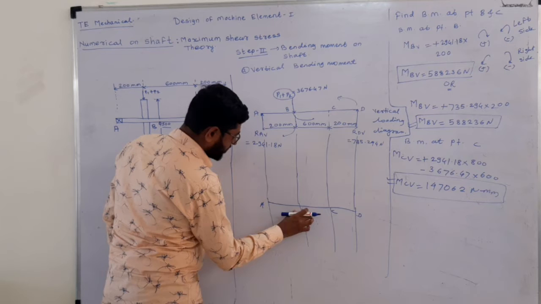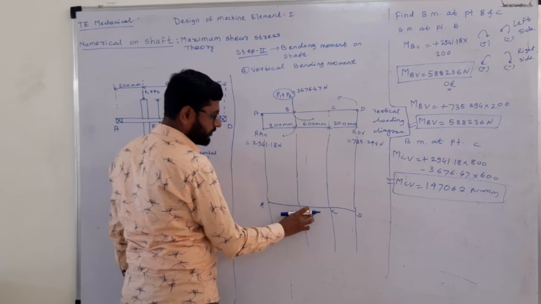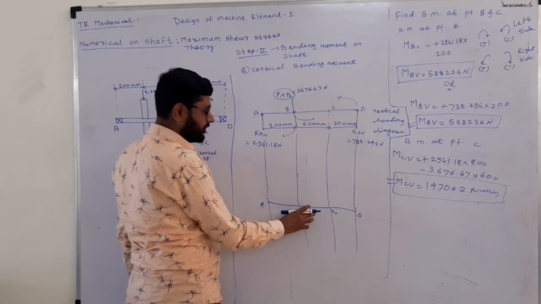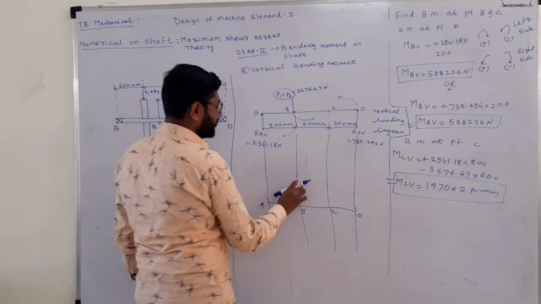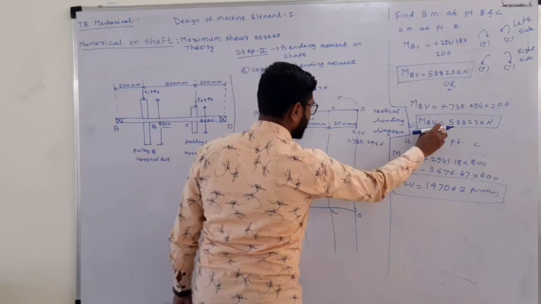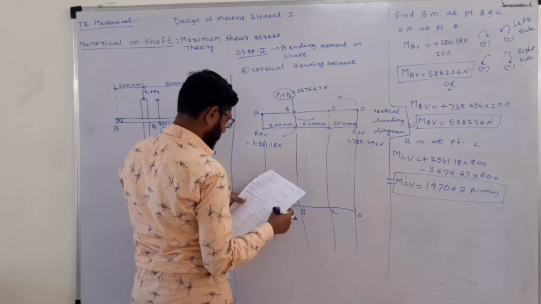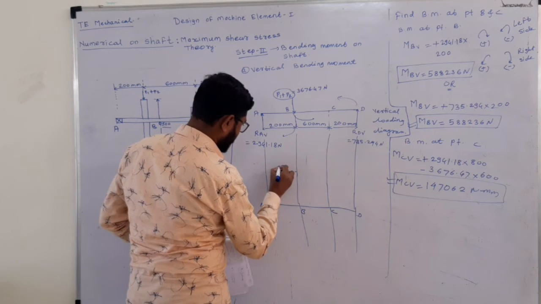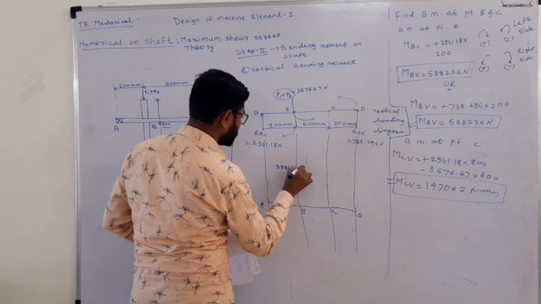So here we have already calculated the bending moment at B and C. For point B, bending moment is 588.236 Newton meter.